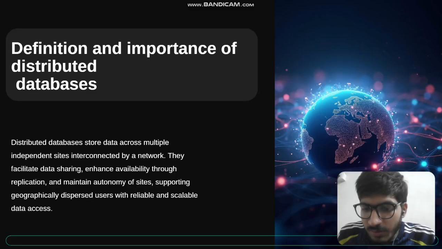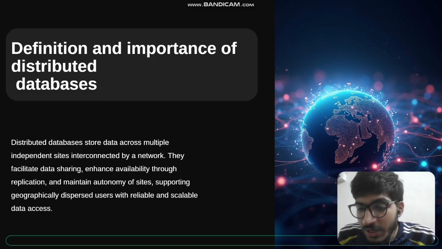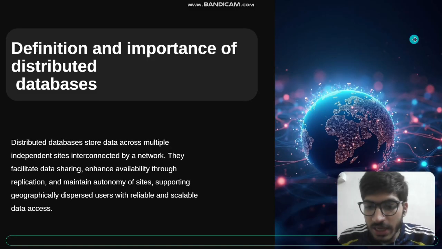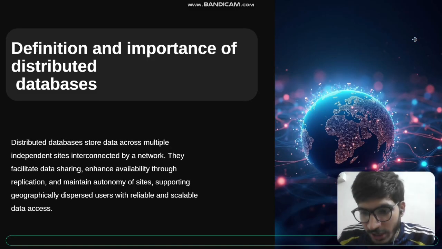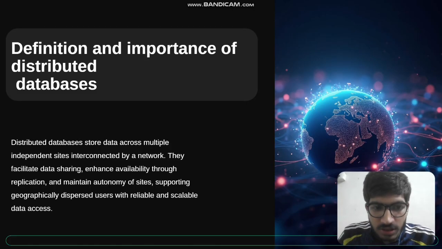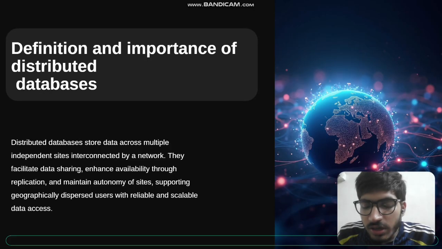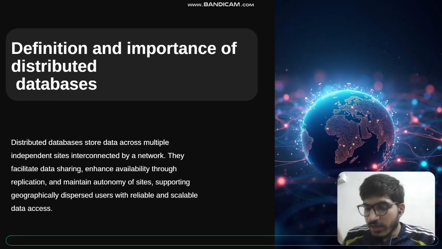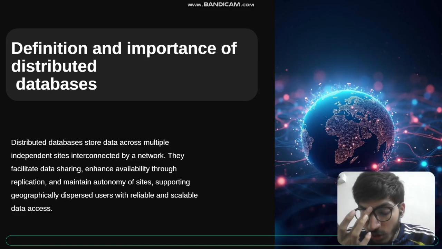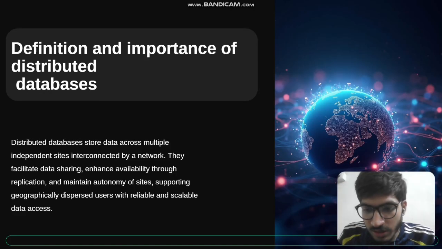A simple example would be a company with offices in Mumbai, Delhi, and Bangalore. They store employee data. If the system we are using for the database is centralized, then there is a risk that, let's say, we are storing all the employee data on the Mumbai server and the server crashes or fails, then nobody can access that data.